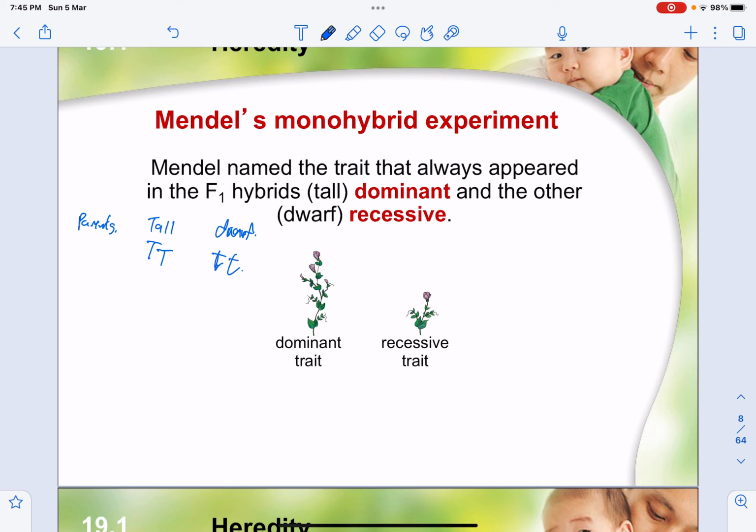Then later on, when you want to result in an F1 generation, this has to split into a capital T as a gamete, small t as a gamete, and so on. Now, why is this so? Because a big T cannot combine with a small t just like that. The diploid condition doesn't meet.